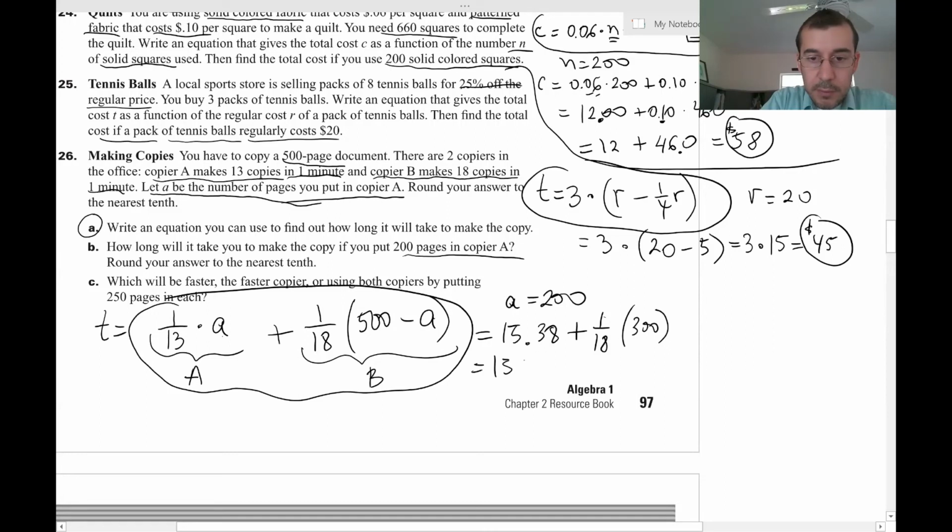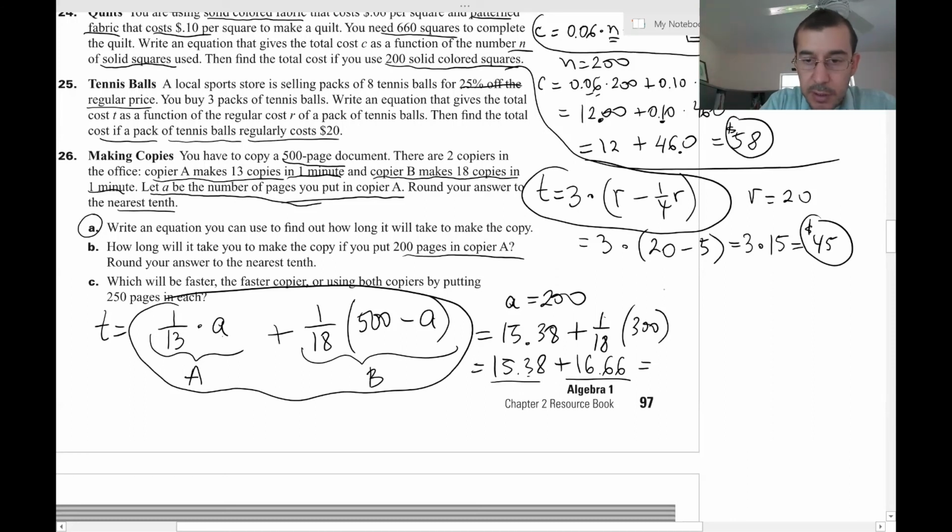So this is 15.38 plus 300 over 18. 300 over 18 is 16.66. And now they said round to the nearest tenth, but let's add these up, and then we're gonna round to the nearest tenth at the very end, so we get a more accurate answer.